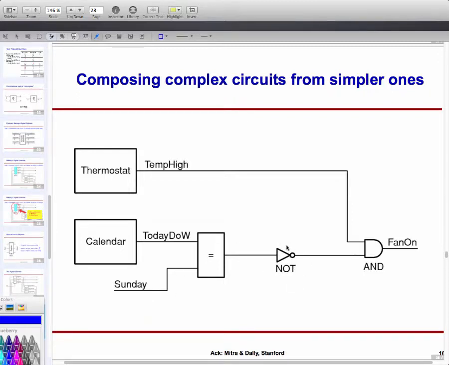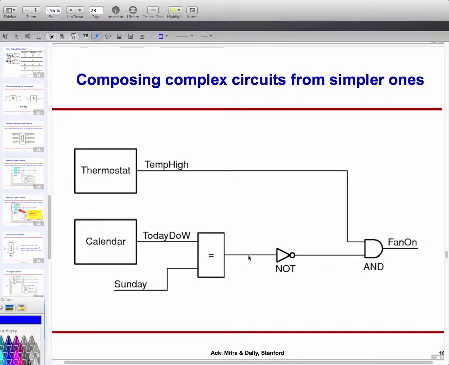Then we see this block, which is a NOT gate. It's a NOT function. It basically takes a 1 and makes it into a 0, or takes a 0 and makes it into a 1. So it inverts the logic sense. We feed it, and then we have this AND gate. So what's happening out here is we are basically saying that if it is not a Sunday, and the temperature is too high, then turn the fan on.